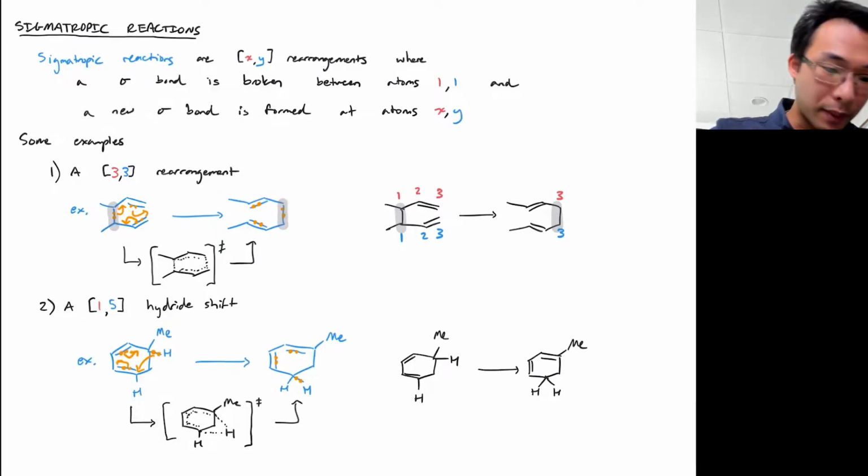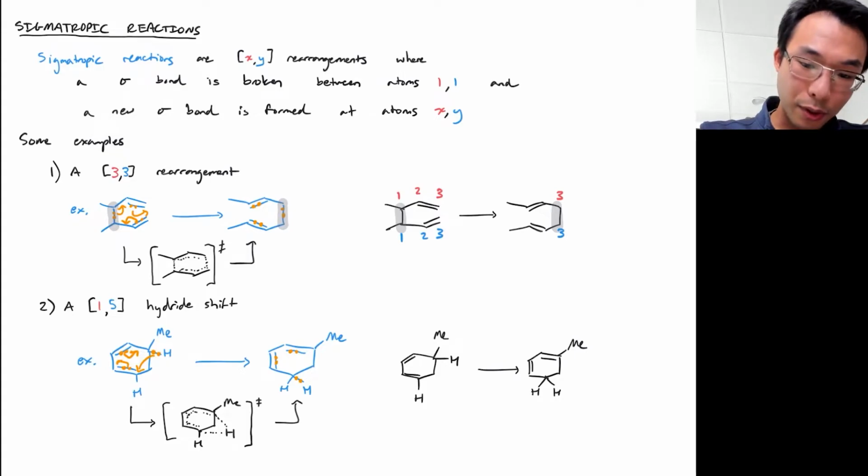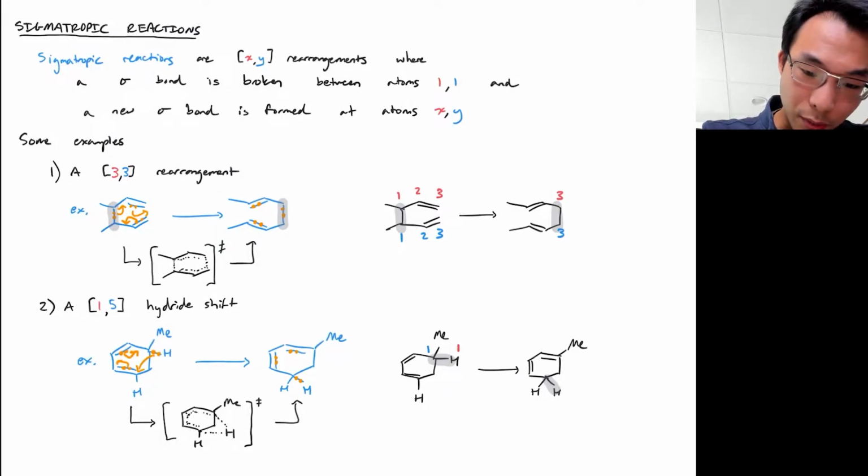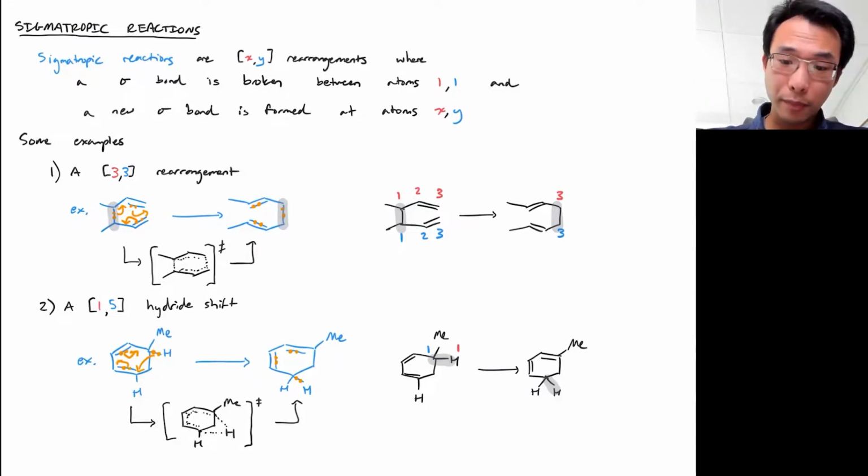For the numbering then, again, we're going to keep track of where our bonds are broken and made. This is the bond that's broken, and that is the bond that's made. There's no specific reason that the hydrogen has to be blue or red, but I'm doing red here just to be consistent. So the hydrogen will be the 1, and the carbon will be the 1 as well on my bond that's broken. If I go to my product side, the hydrogen is actually still part of the new sigma bond that's made, so that's still going to be the red 1.